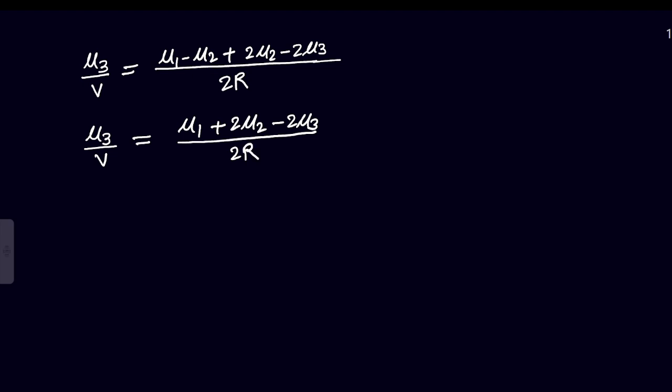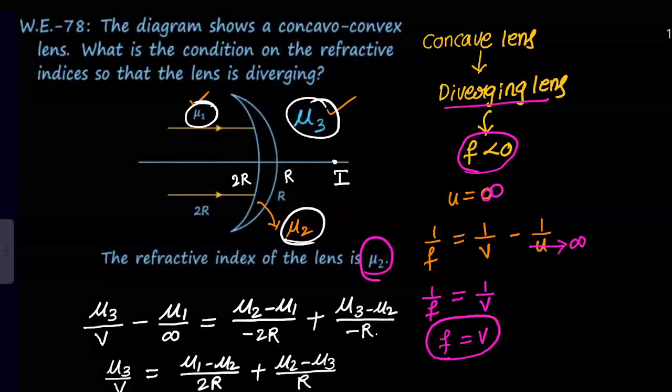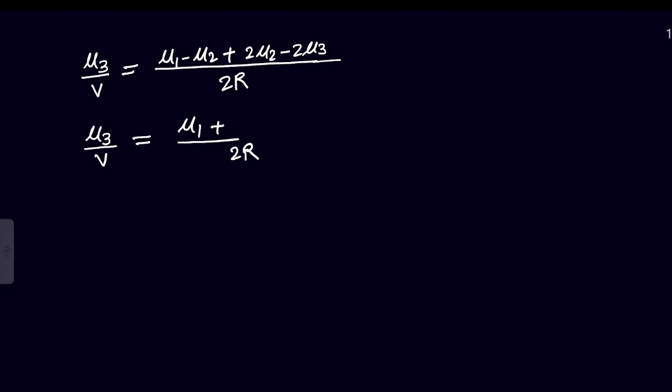So from this, mu2 will be positive, plus mu2 minus 2 mu3 minus mu1. This is mu2, not 2 mu2, so this value will come as mu2 minus 2 mu3 minus mu1.